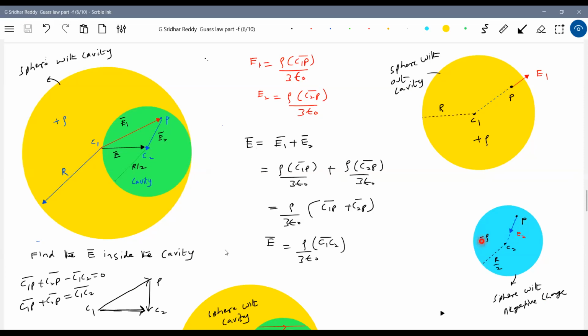Rho plus rho it is, because when you take plus rho, it will become 2 rho. This is having density rho, and for 2 rho, here this will become plus rho. Am I right? Then plus rho will become 2 rho. Then in this case, the field will be E2 outward, radially outward.